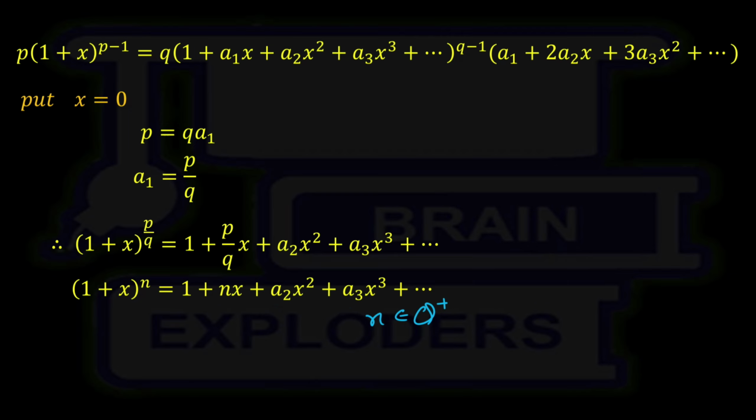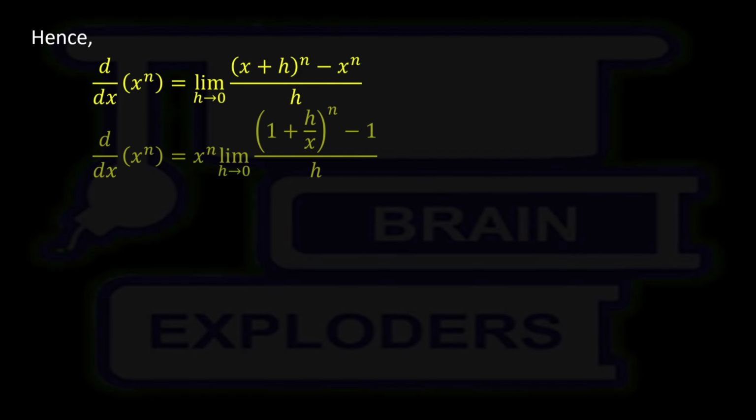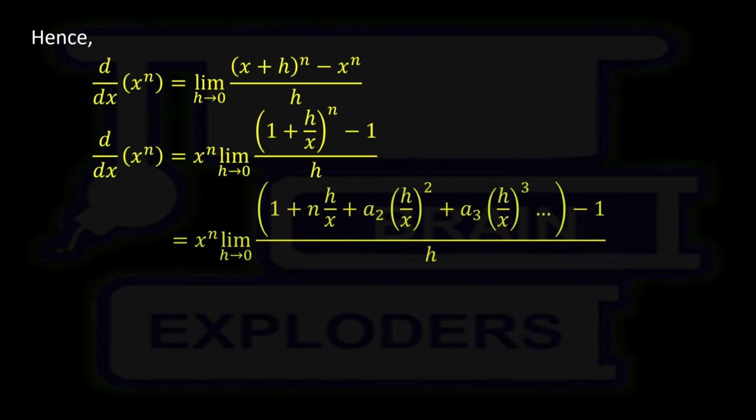Okay, so now let us again try to prove this differentiation, and here we can see that without using these a2, a3 and so on, we can come up to the result n x raised to the power n minus 1.